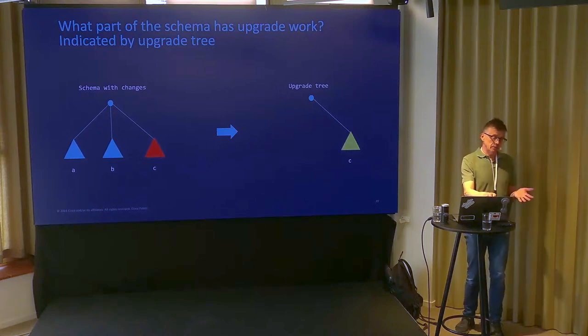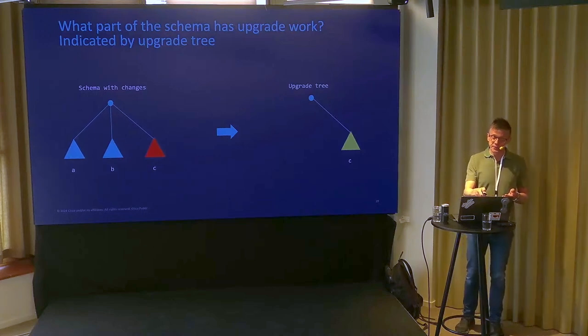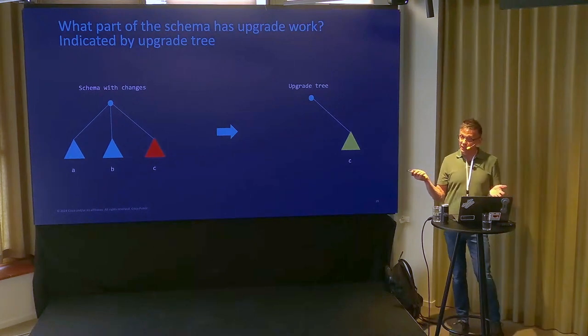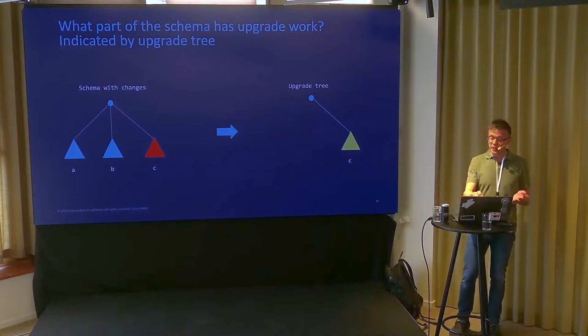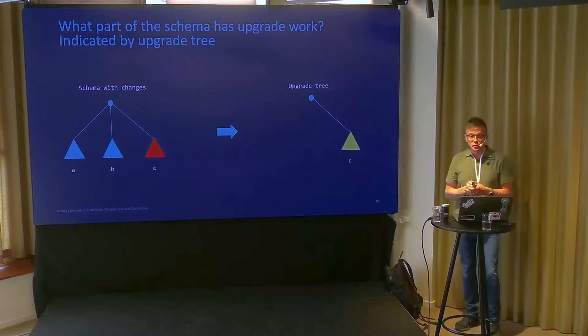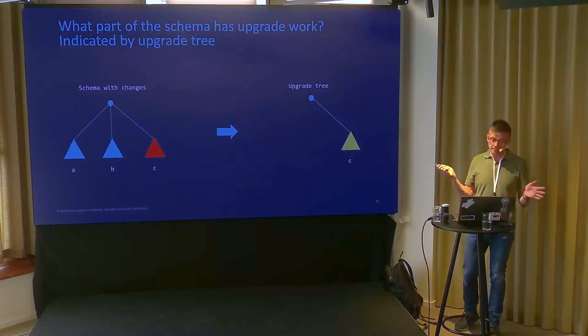Something has to be done. And the corresponding upgrade tree will only have a subtree in the C part. So we know that we don't have to go down to the A or the B for all instance data because there is nothing to do.